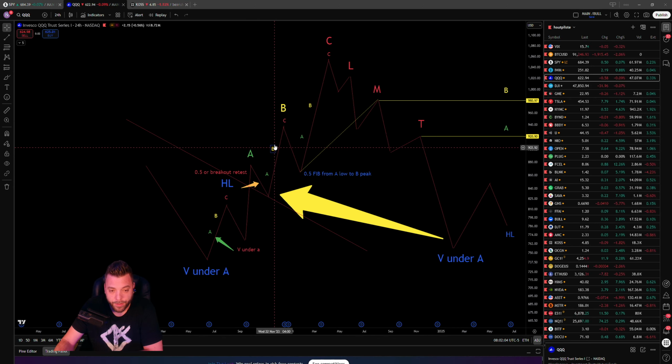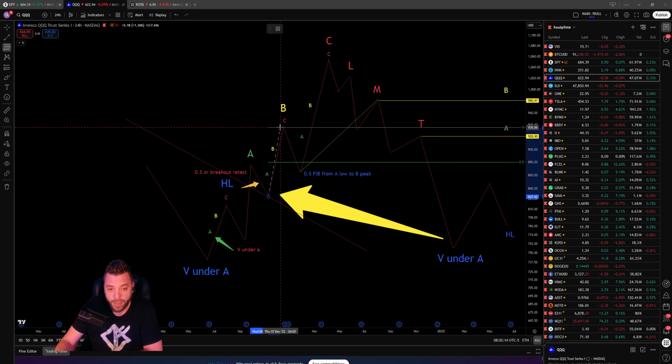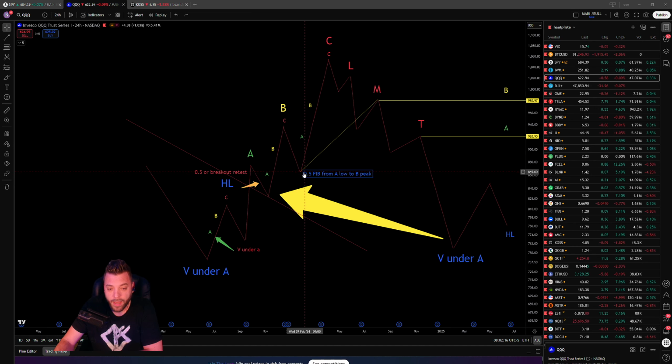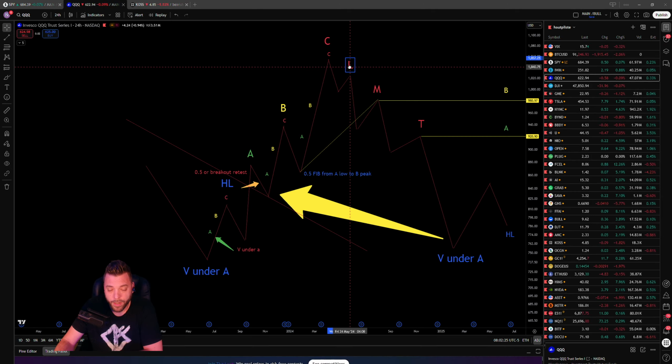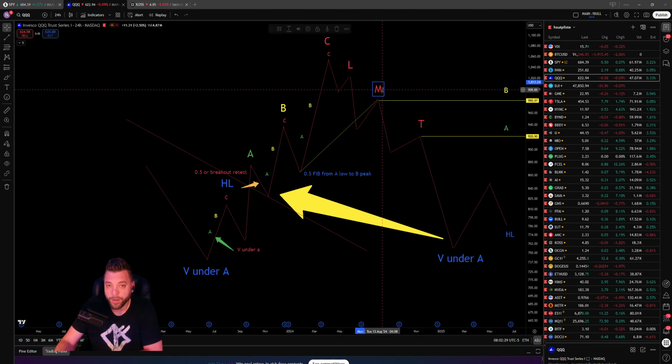After that, you go to your B, and then you get a 0.5 pullback from your A low. So you would take a 0.5 from the bottom of A to the peak of B, and that would be your B bottom. And then you go to your C. After you got your C, you're doing your lower high, and then you go down and go up again to your midpoint.